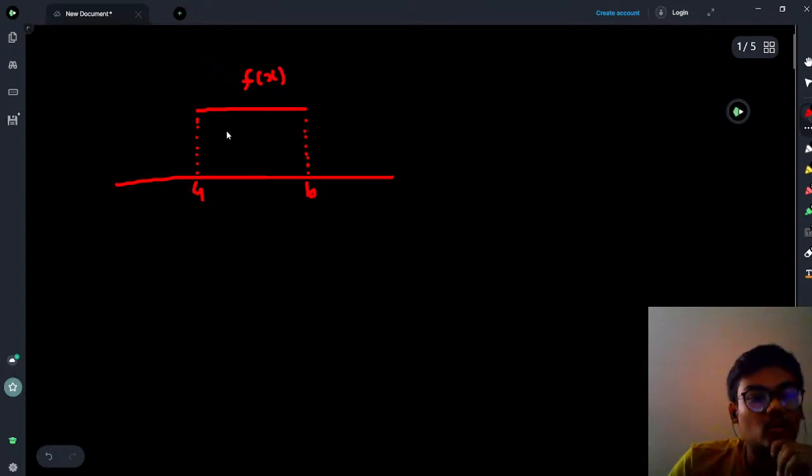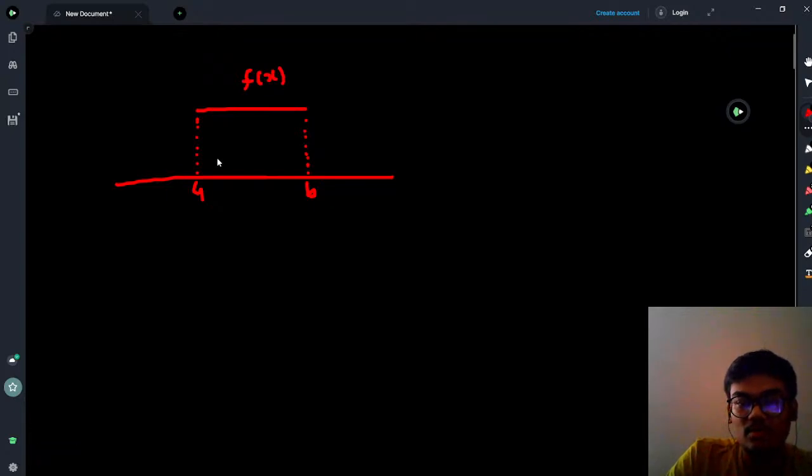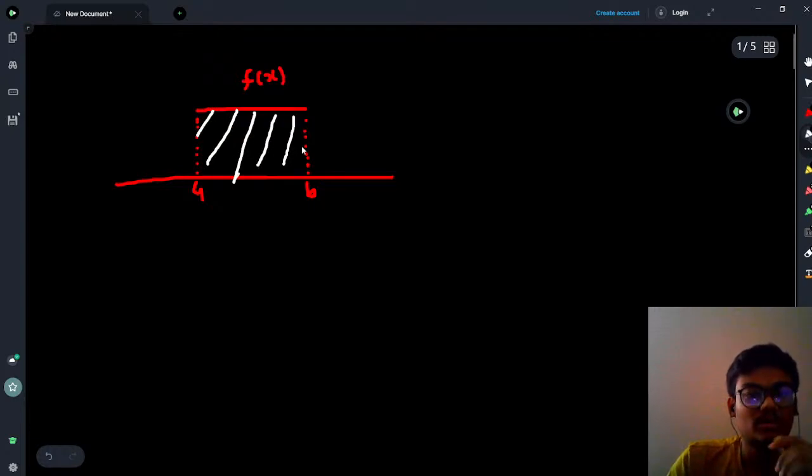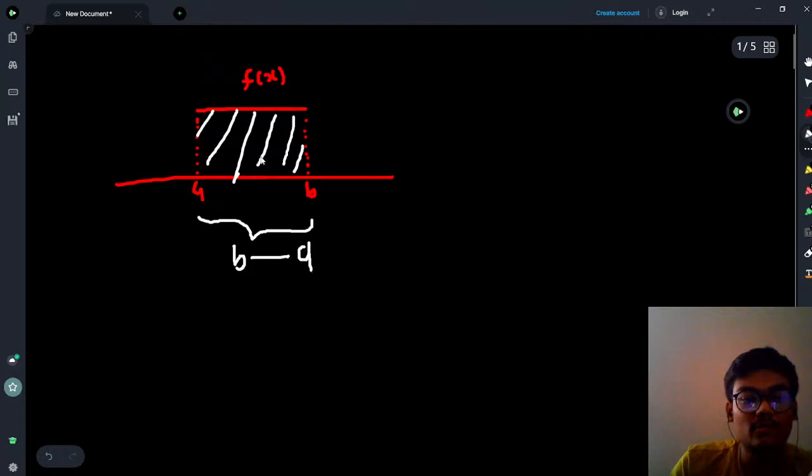Now we know that for any probability density function the total value is 1. So for this also the PDF value should be 1, where the PDF is the area under this curve, under this graph. This distance is b minus a, and the shape is a rectangle.